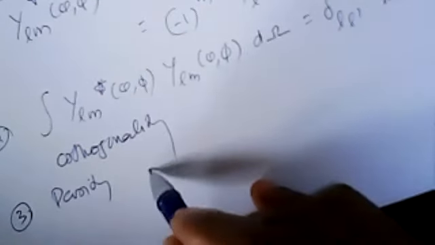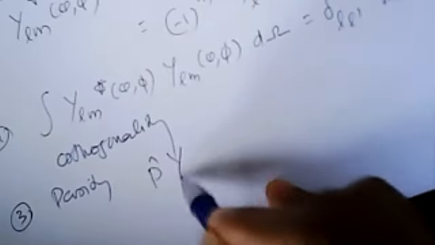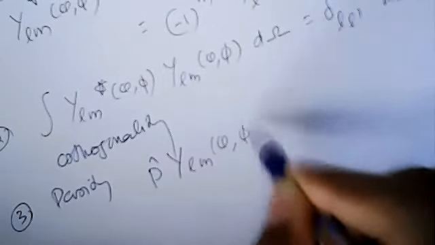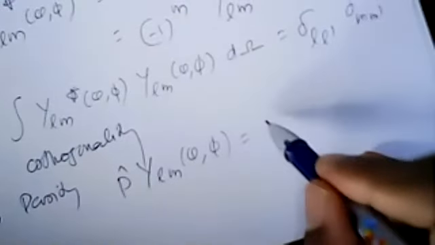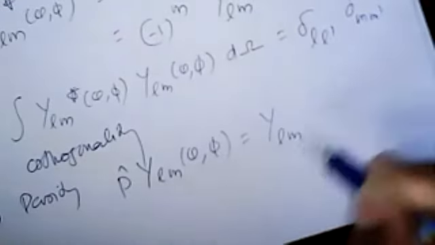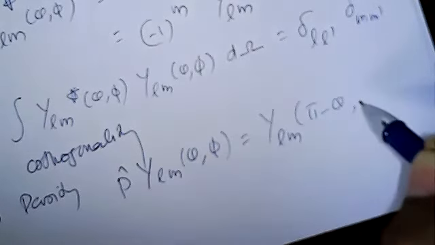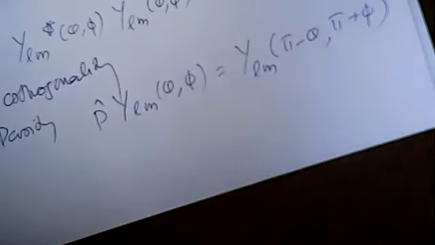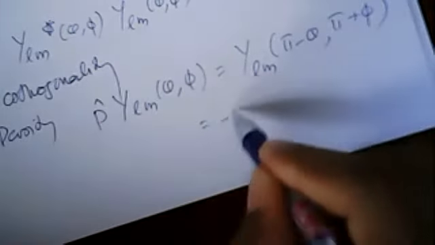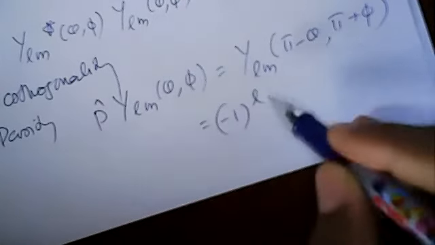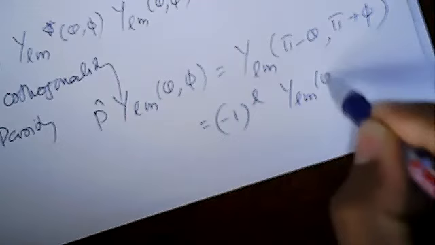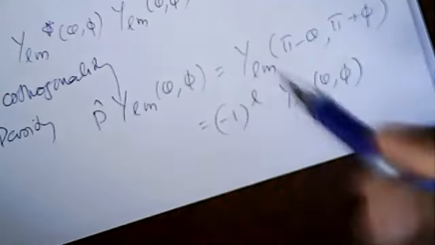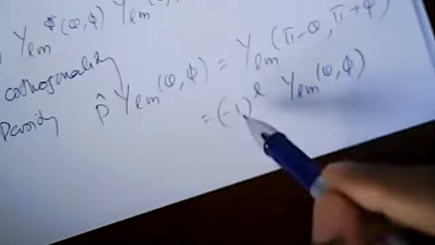So parity operator acting on YLM theta phi is YLM pi minus theta, phi plus pi. Or in another way, you can write it as minus 1 to the power of L YLM theta phi. You can prove that. So parity is this one, minus 1 to the power of L.